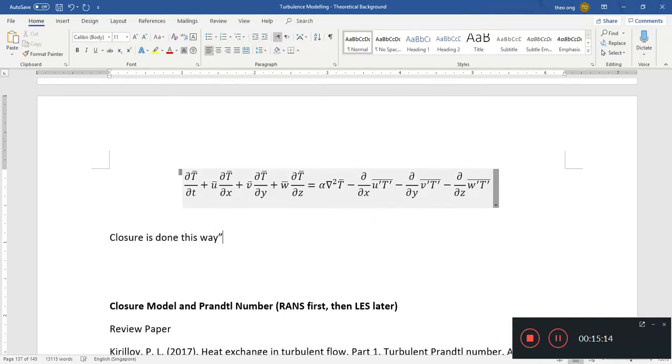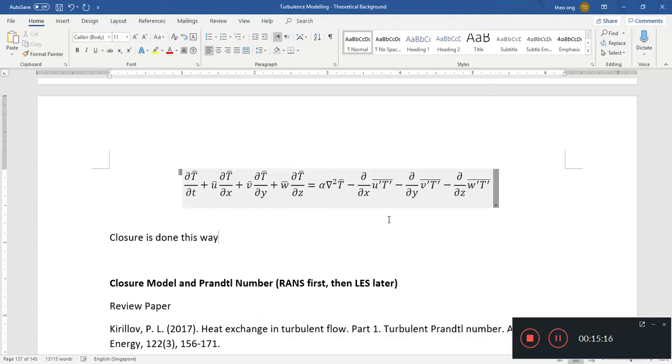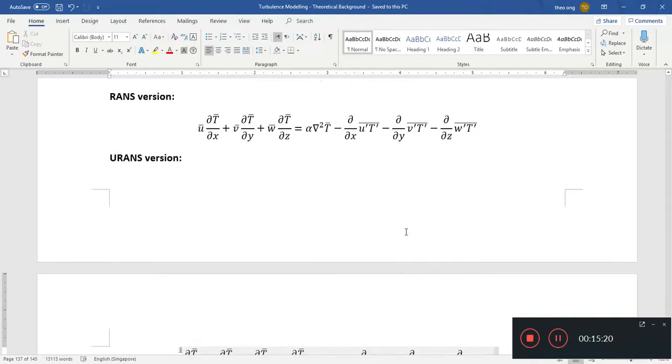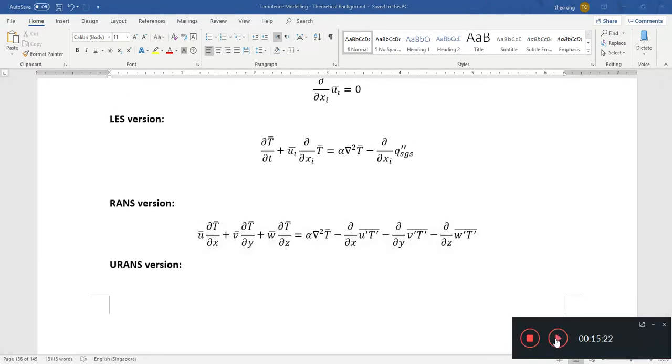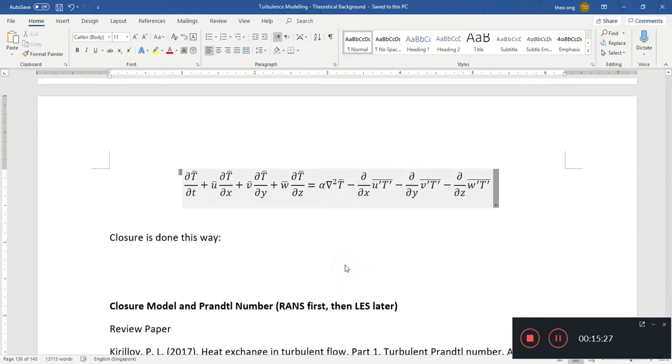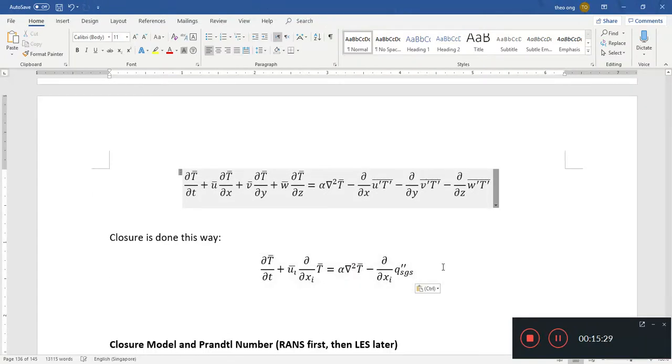Whether it's for LES or URANS model, the way you close it is this.